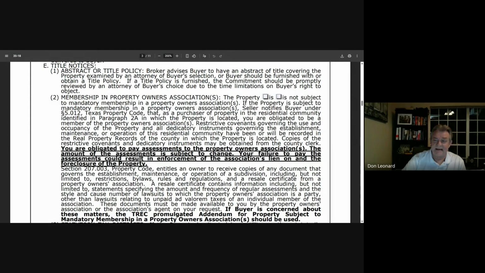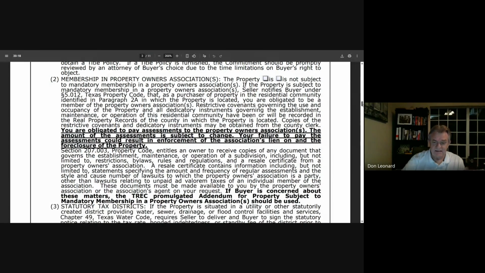If you don't pay it, then, of course, the HOA has the ability to come and foreclose on you and all of that good stuff. It does refer to the addendum, the HOA addendum, which is really called the addendum for property subject to mandatory membership in a property owner association. We just call it the HOA addendum, where they will talk about if their documents are going to be requested, who's going to pay for them, who's going to pay for the transfer of the account, and all of that.